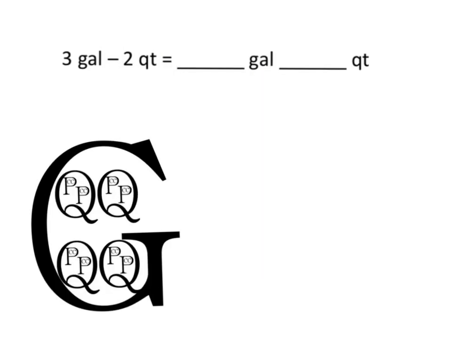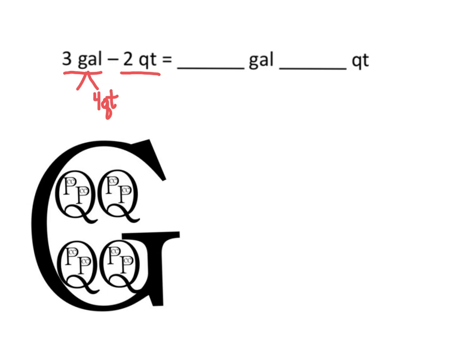All right, I got my gallon illustration ready to go to help me through this. So we see 3 gallons take away 2 quarts. To break this up, we want to pull out a gallon. Now, how many quarts equals 1 gallon? Well, 4 quarts equals 1 gallon.